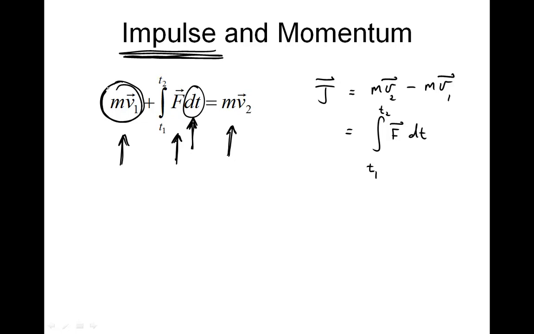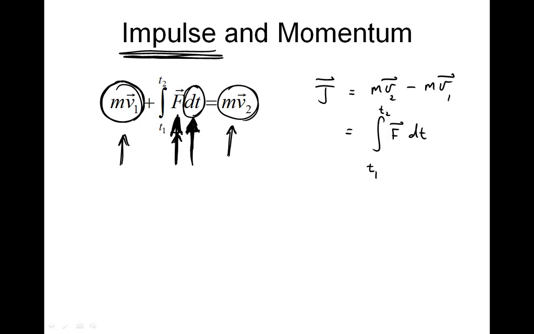Your initial momentum is your mass times the speed of the car. Your final momentum is 0. So here's this integral of F dt. If dt is tiny, F has to be huge. But if dt can be elongated, and that's what an airbag does, it makes the time of impact longer. When I do that, I decrease the force of impact.